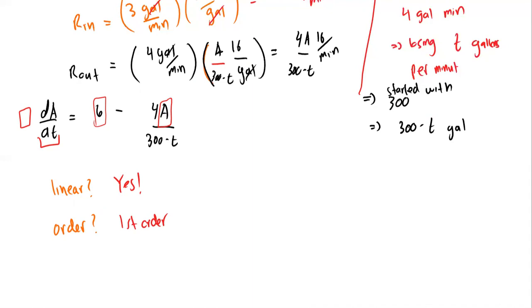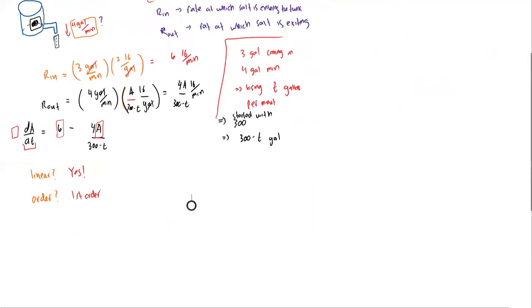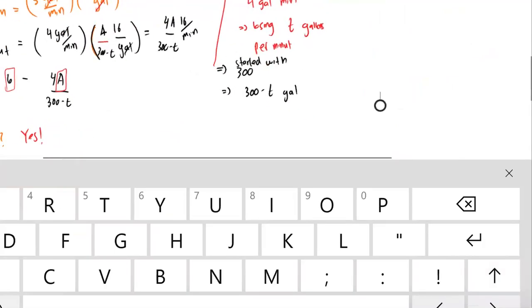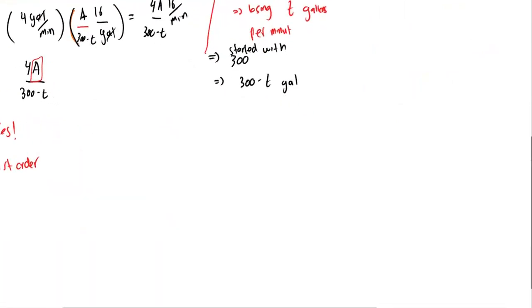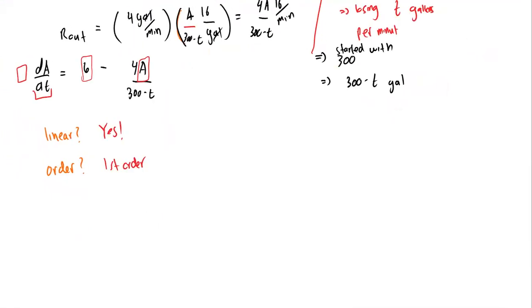Can we solve it? Well, it's not separable. You can try if you want, but there is no way for you to write the expression 6 minus 4A divided by 300 minus T as an expression only involving A times an expression only involving T. You can try, but you won't be able to.